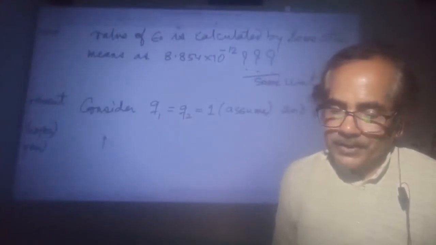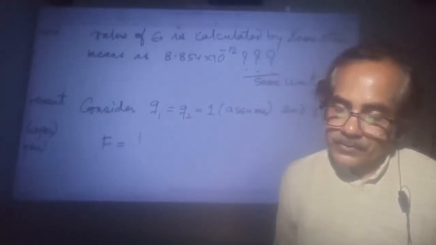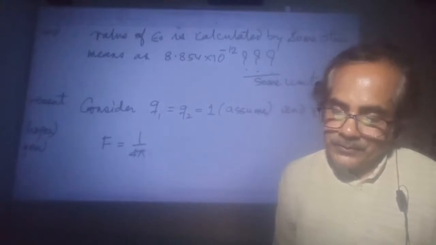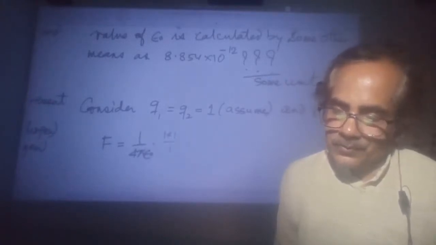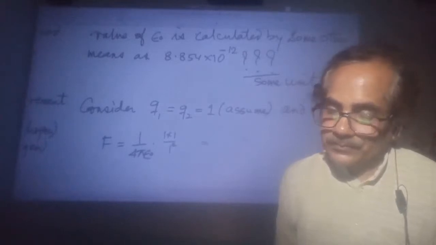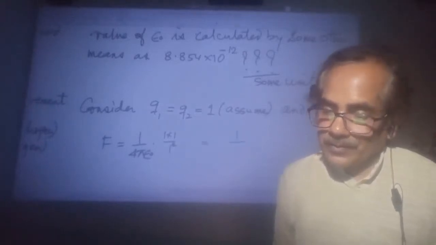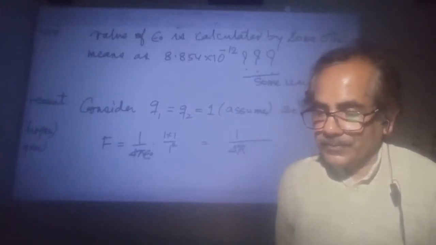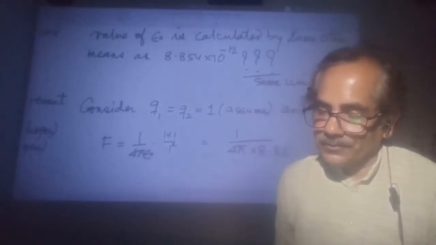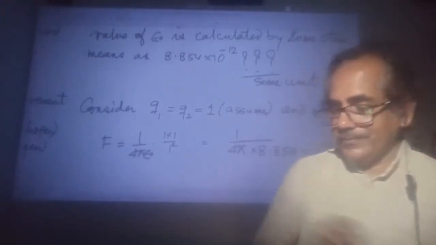Then F will be 1 upon 4 pi epsilon 0 only, into 1 into 1 into 1 square, that is, 1 upon 4 pi multiplication 8.854 into 10 to the power minus 12.